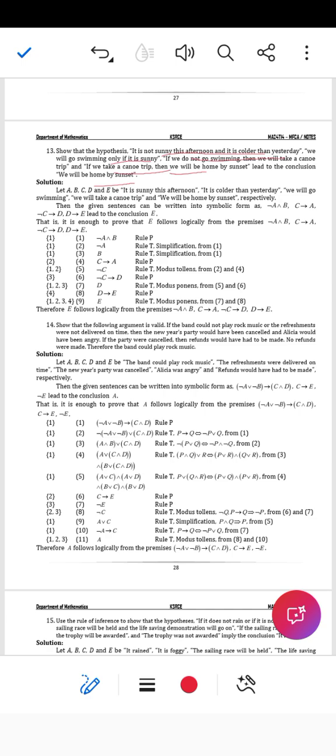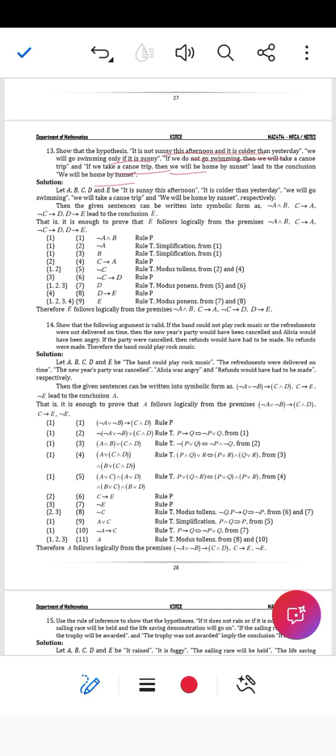Okay, we convert these sentences into symbolic form first and then take the derivation part to prove the problem. First, let us assign variables for each simple sentence. The first compound sentence contains two simple sentences: it is not sunny this afternoon, and it is colder than yesterday.